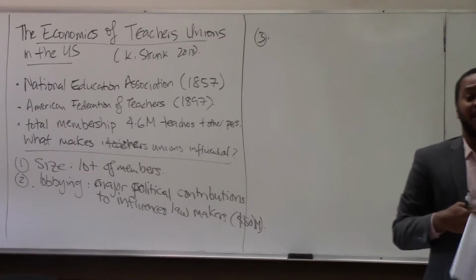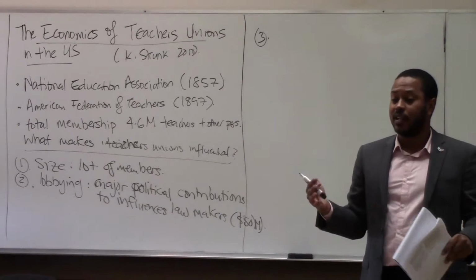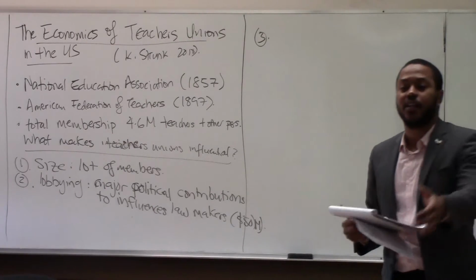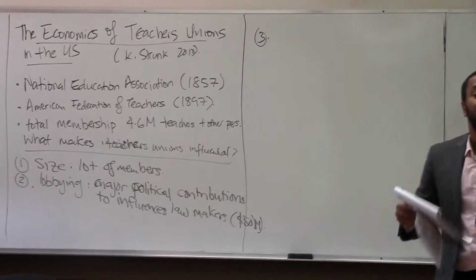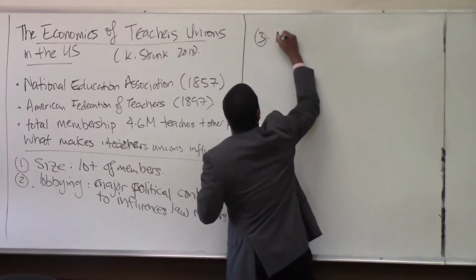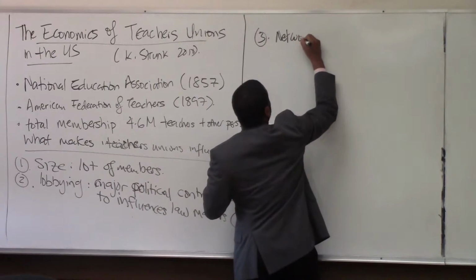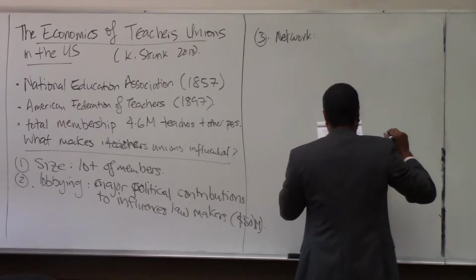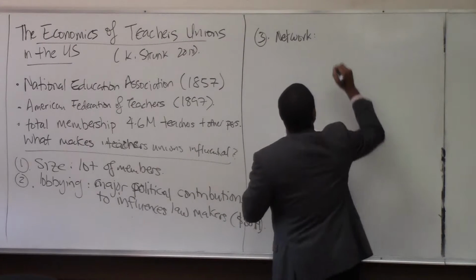They have affiliates across the entire United States. So you have this one union, but it is represented in Arizona and Arkansas and Minnesota and these other places too. And so the network, by that we mean that they have affiliates in every state and school district.